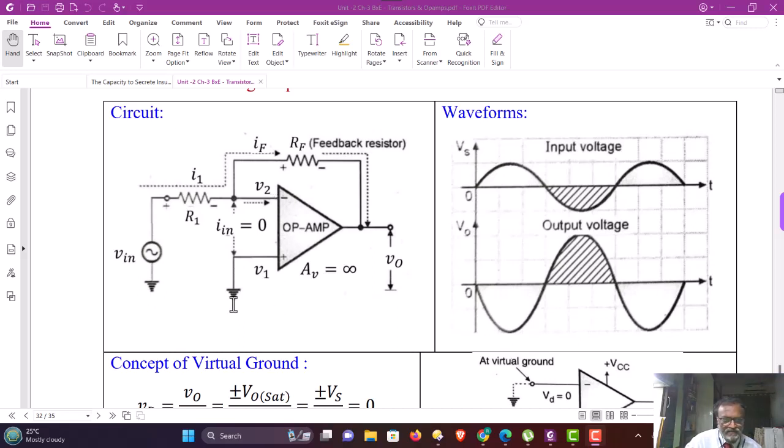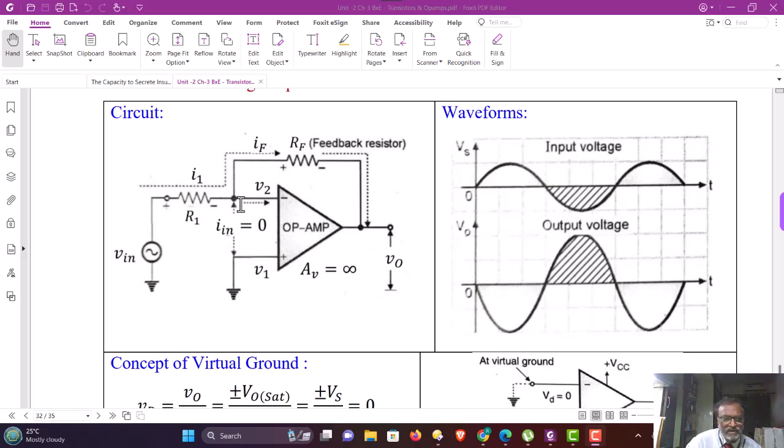Since the non-inverting terminal is connected to ground and the voltage of the inverting terminal is also zero, that is nothing but the ground voltage, we call the inverting terminal to be at ground potential, but not actually connected to ground.